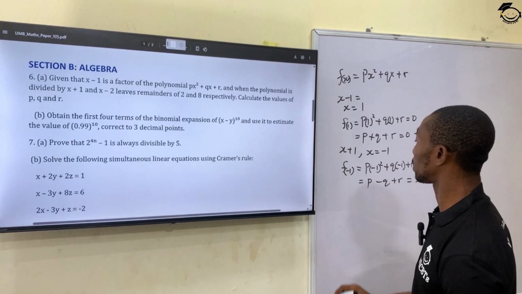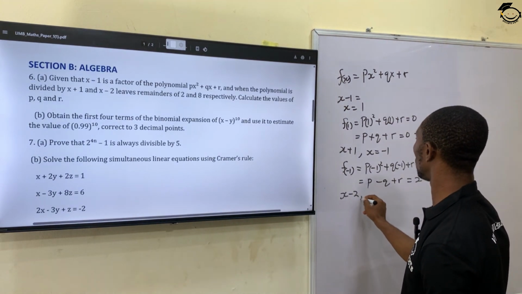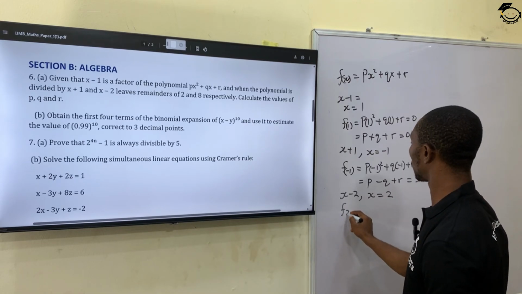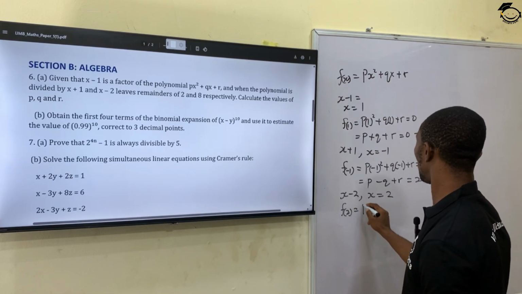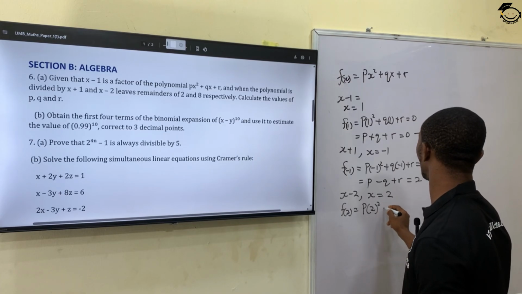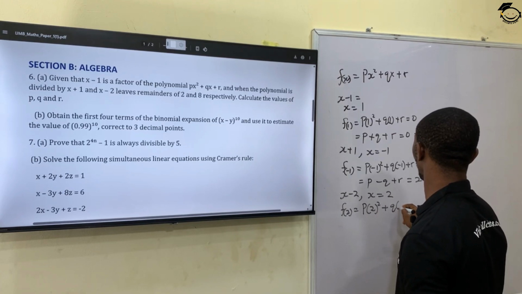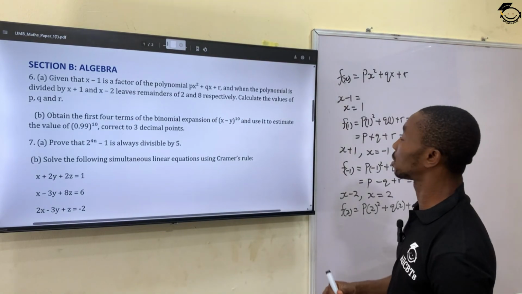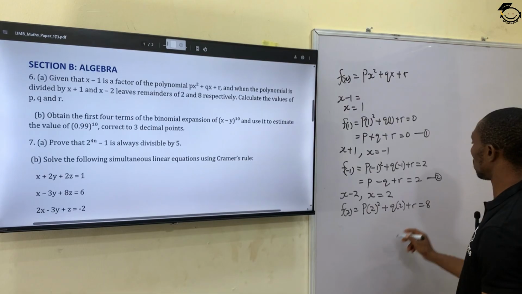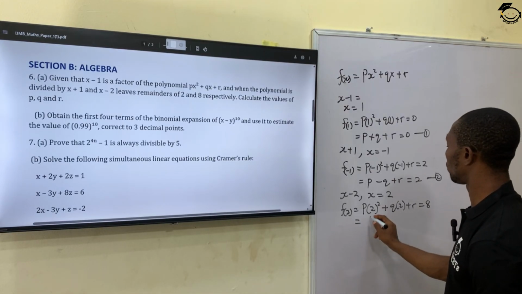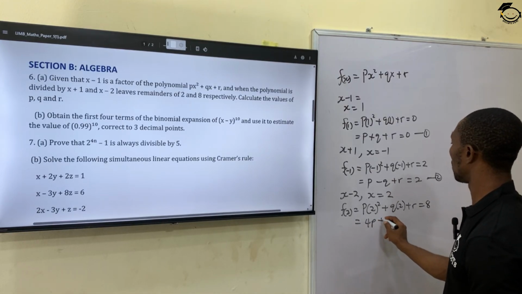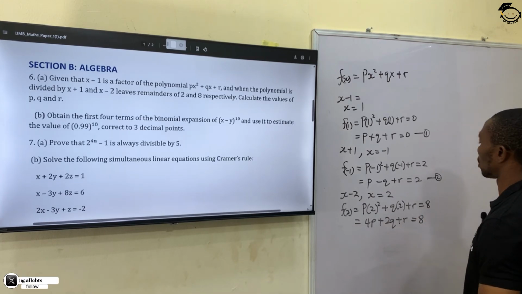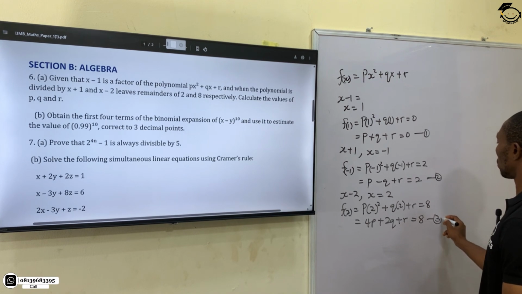And for the third aspect, it says x minus 2, which gives us x equals 2. So our f(2) will become p bracket 2 squared plus q bracket 2 plus r. Our remainder will be 8. So this gives us 2 squared is 4p plus 2q plus r equals 8. This is equation 3.